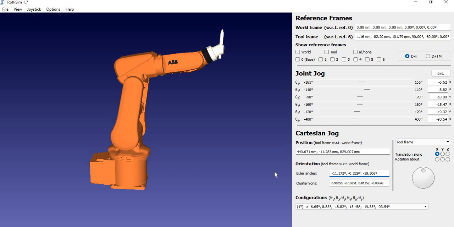So I think this way you are able to do an interface or simulator just like this one. Okay, so this way we are changing its orientation.